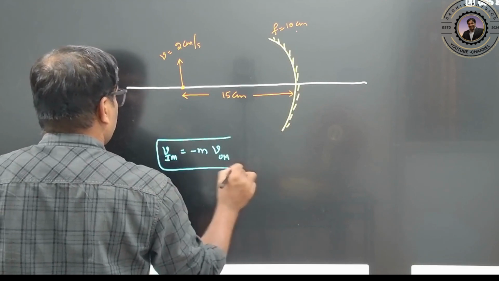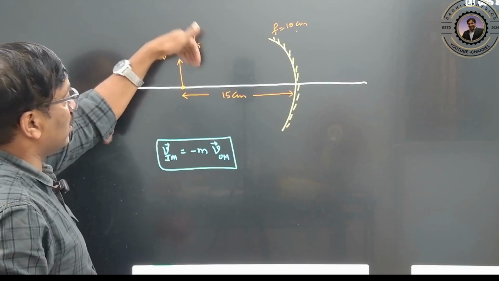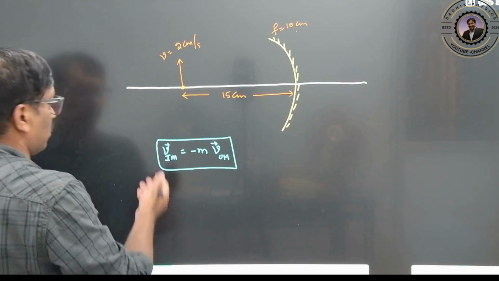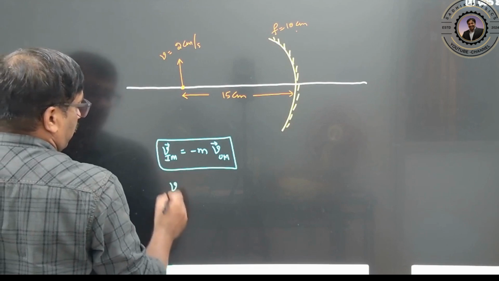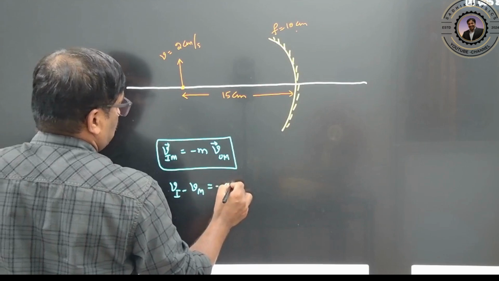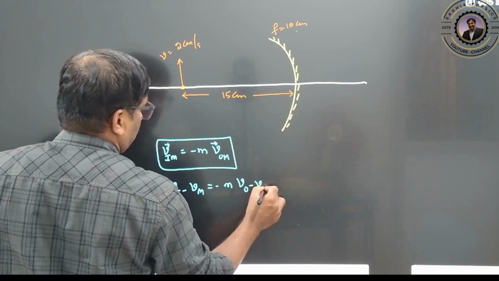Clear? So in this way you have to see it. If an object is going like this, it means the image will go in this way. Here you can rewrite it as the velocity of the image minus the velocity of the mirror is equal to minus magnification times the velocity of the object minus the velocity of the mirror.